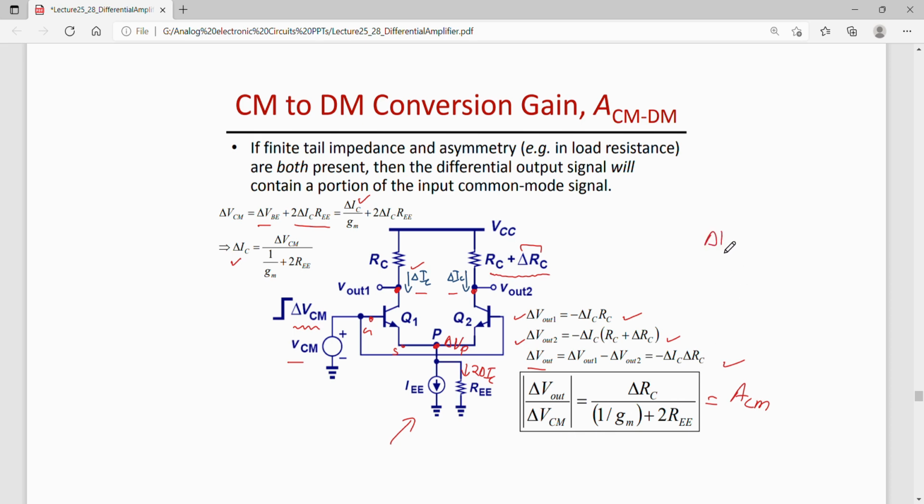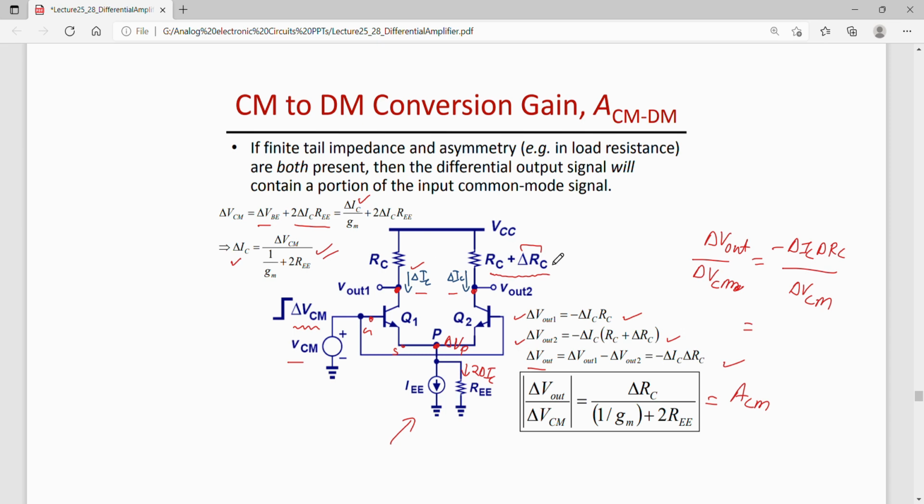So delta Vout by delta VCM, I want to find, where delta Vout is minus delta IC delta RC, okay, and divided by delta VCM. Okay. And delta IC we will take from here, which is delta VCM by 1 by gm plus 2 REE. Okay.